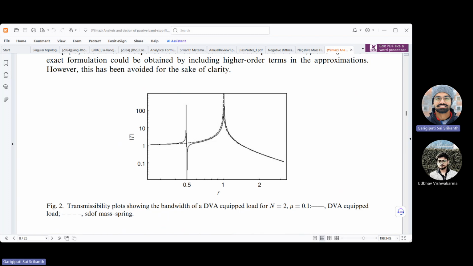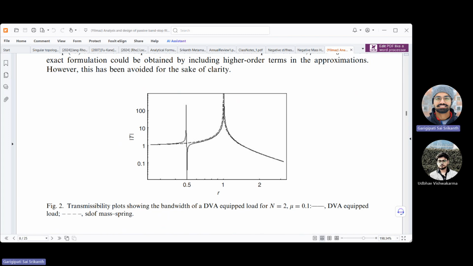Okay, the solid line is the added spring mass resonator system, the dynamic vibration absorber, and the dotted line is the single degree of freedom mass spring. So what is happening is that this peak is still there.